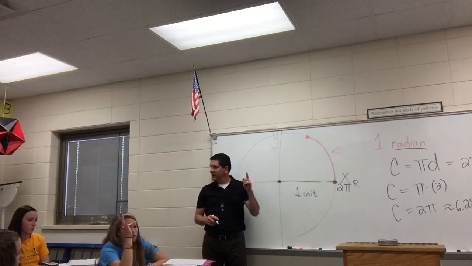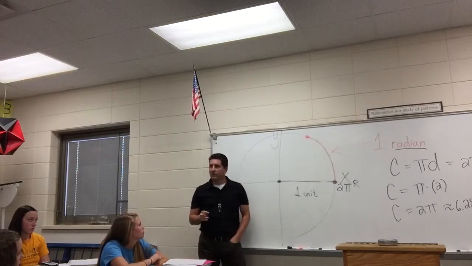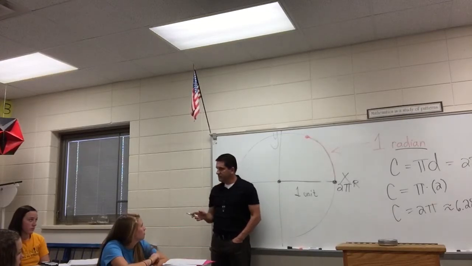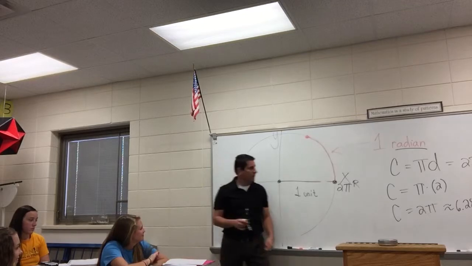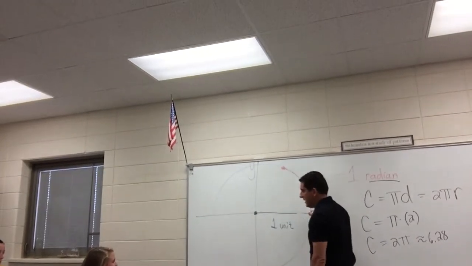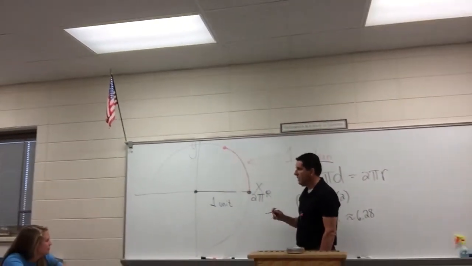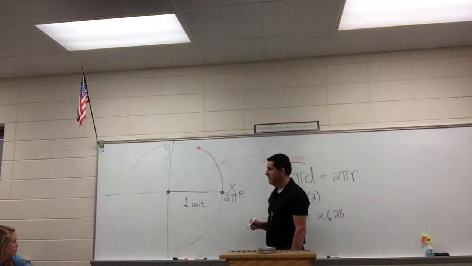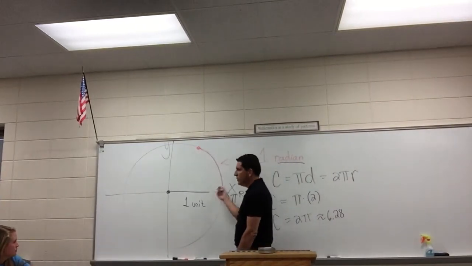How many cross-country runners do we have? Anybody? Okay. Imagine somebody designs a course, and it's a circular course, a perfect circle. You start here, and the radius of the circle is 1. Let's make it 1 mile.